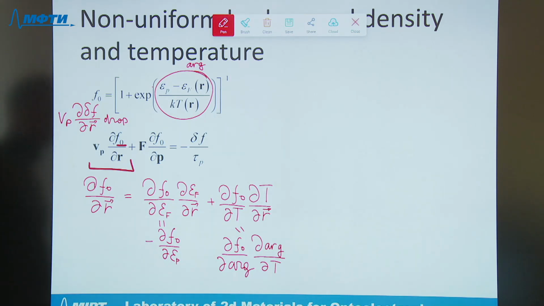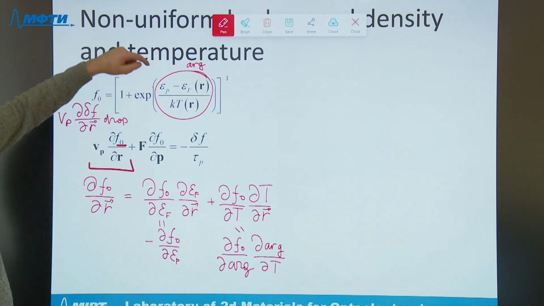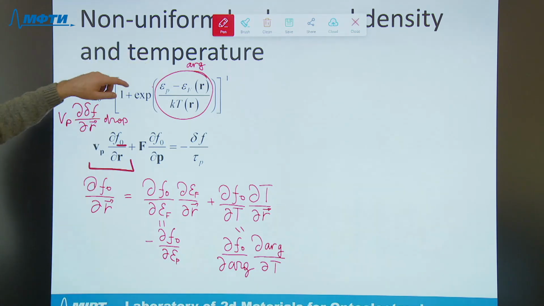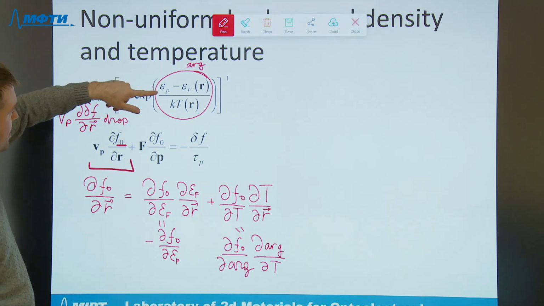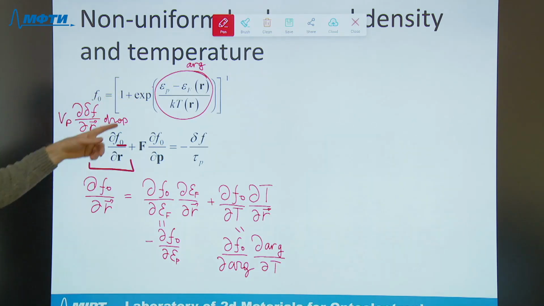But derivative of distribution function with respect to the argument is nothing but the derivative with respect to the energy multiplied by kT.